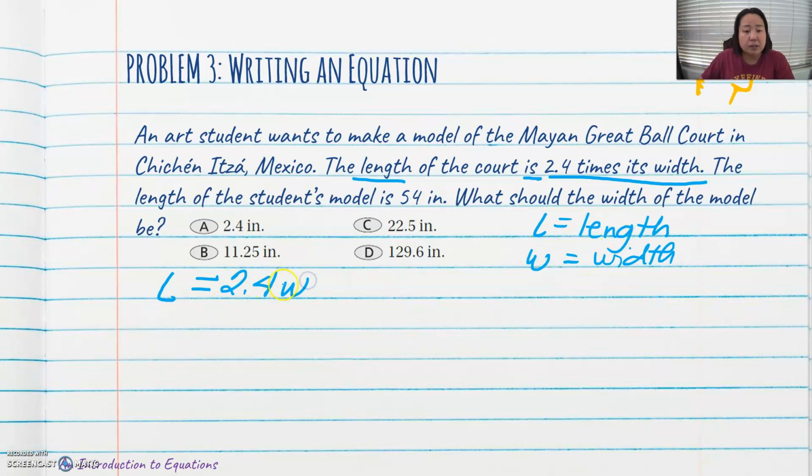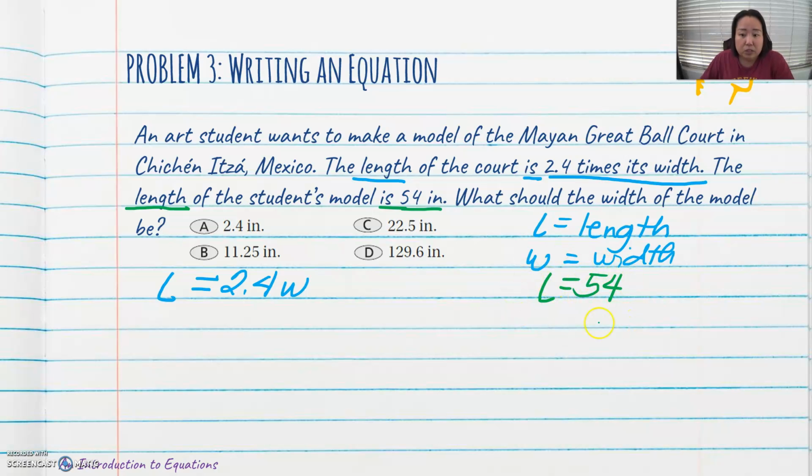Now if you take a look at the next sentence, the length of the student's model is 54 inches. So according to that sentence, the length L is equal to 54.